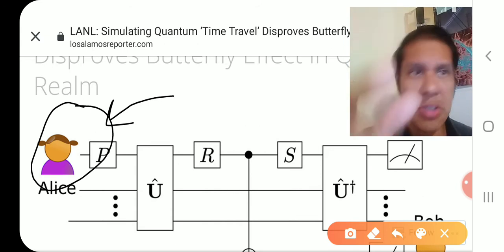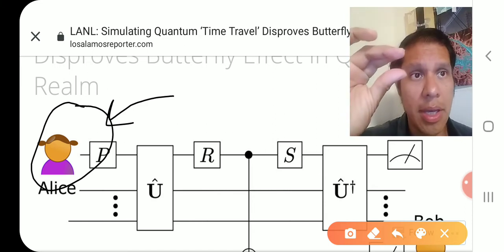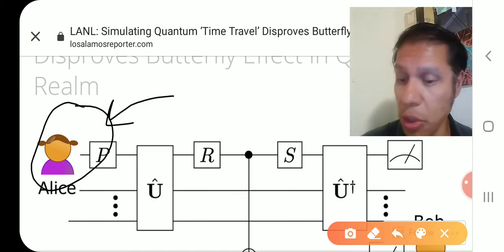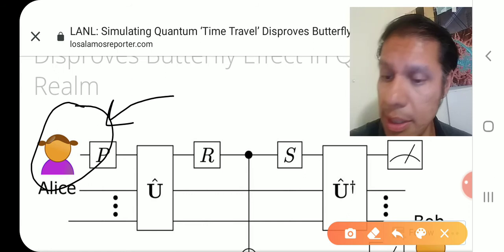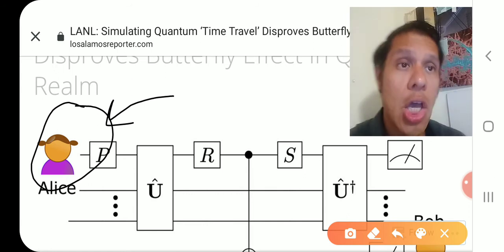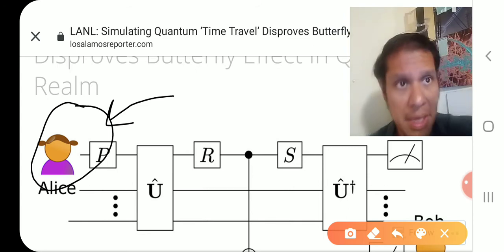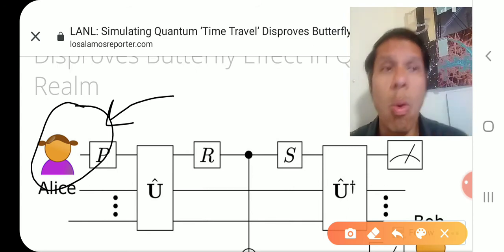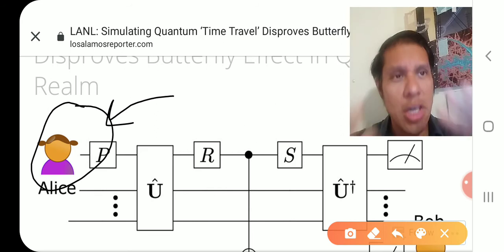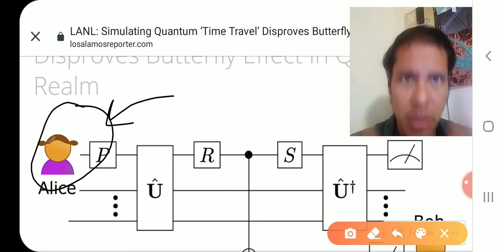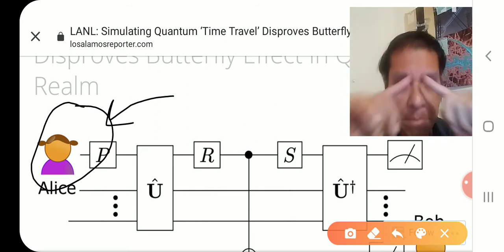So you can start with the zero state, and then you can flip it with that P gate and put it in state 1, right? So you can shape the initial state with the first gate.